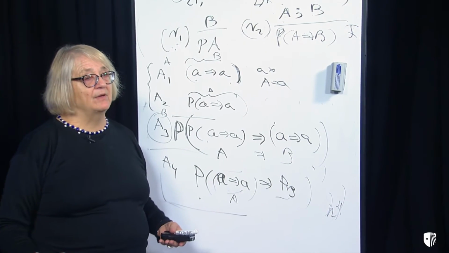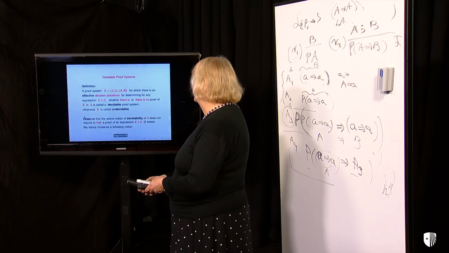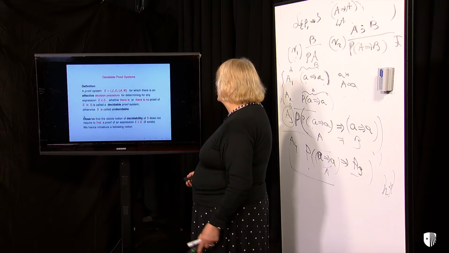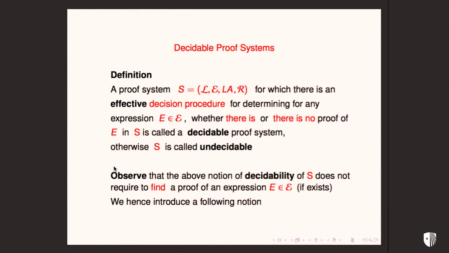So that is another notion of decidability. We say the proof system in which there is an effective decision procedure for determining for any expression whether there is a proof or no proof is called decidable.